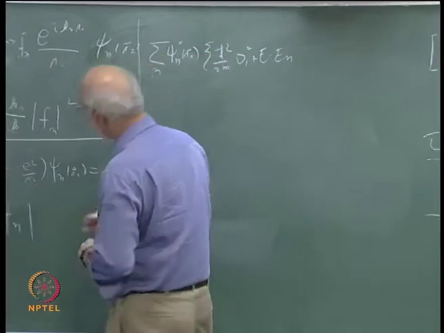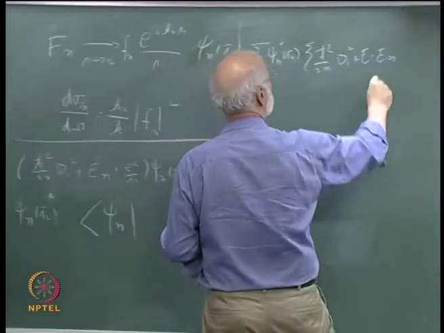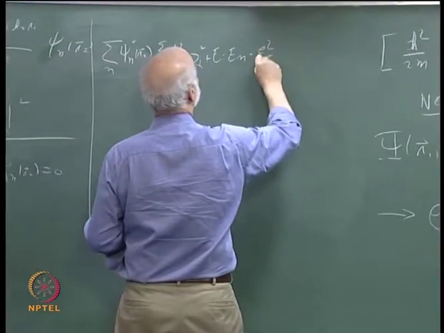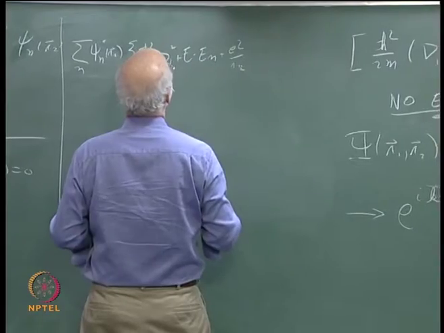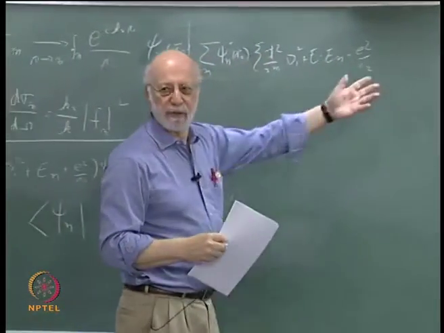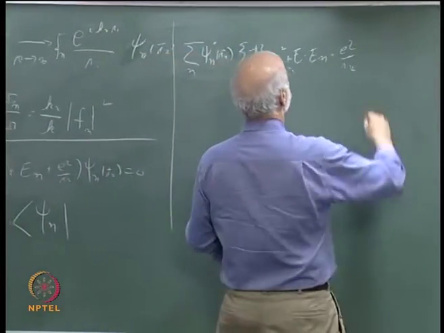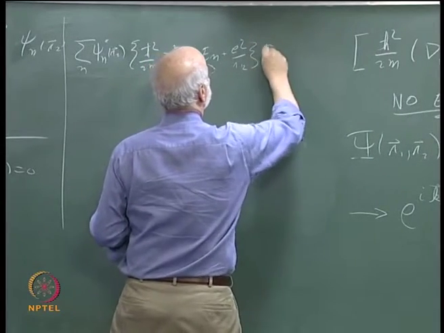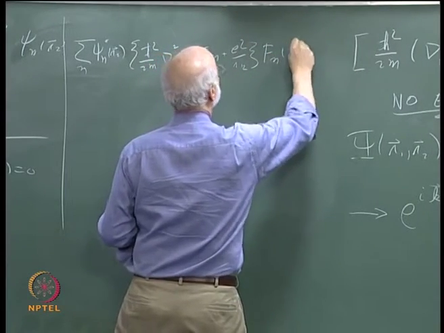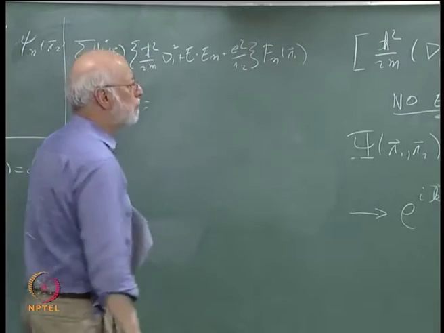By the way, I've made a mistake here. That's a plus sign, isn't it? Plus e squared over r1,2. Yeah, because if I multiply everything by minus 1, that gets multiplied also. Fn of r1 is equal to what's on the other side.